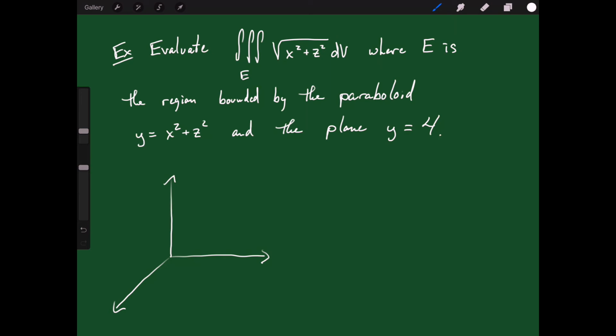But that looks sort of like a parabola in this direction and a parabola in the xy plane. And then out here at y equals 4, we have a plane cutting it off.